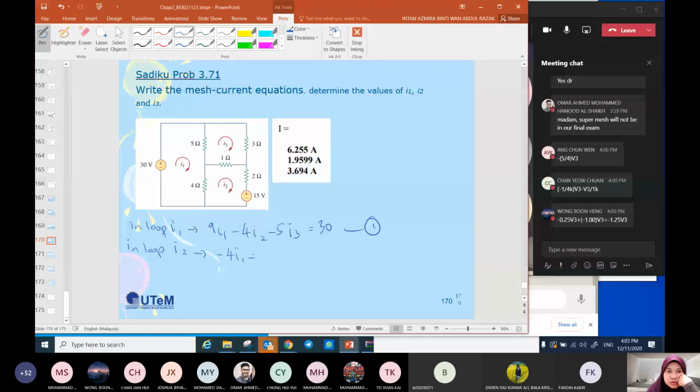In loop I3, minus 5 I1 minus I2 plus 9 I3 equal to 0. Please solve.